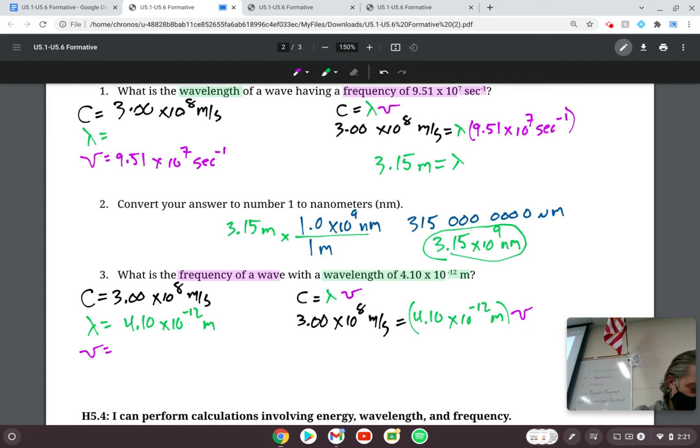So 3 times 10 to the 8 divided by 4.10 times 10 to the negative 12 gives me a frequency of 7.32 times 10 to the 19, and that's going to be per second for my frequency. Questions about these three?